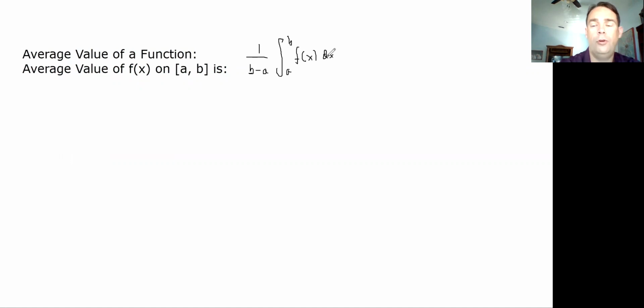So let's think real quickly about what average is. Say I give you a bunch of numbers: 2, 3, 5, and 8. Say I ask you to find the average of these. Back in middle school, you hopefully remember that average was you add up all the numbers and then you divide by the number of numbers you have.